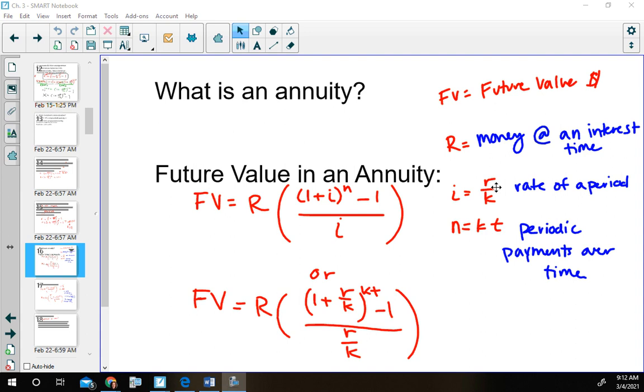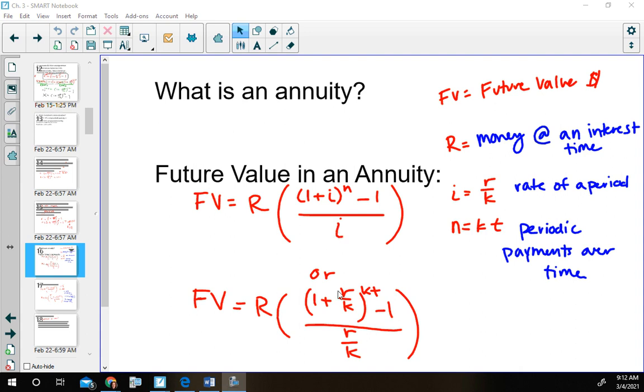A lot of times they do monthly because you put it in monthly, so most of the time you're going to be using 12 for that k. The n represents k times t, our time times the period we're putting it in, like our 30-year mortgage times the 12 for every month. Then minus 1, all over the rate divided by the period again.